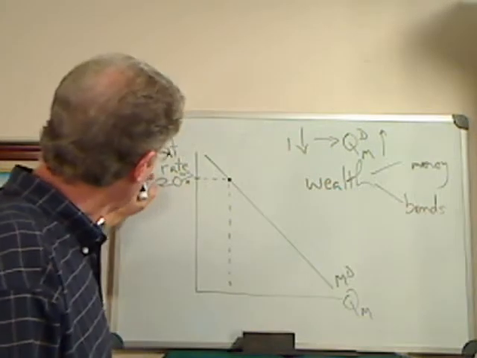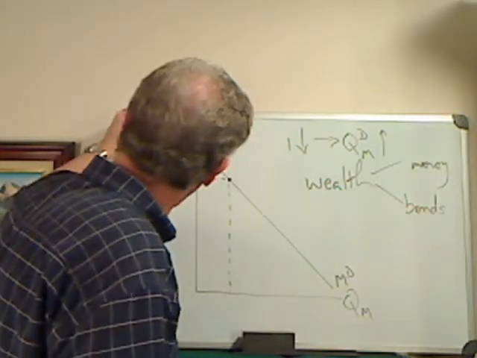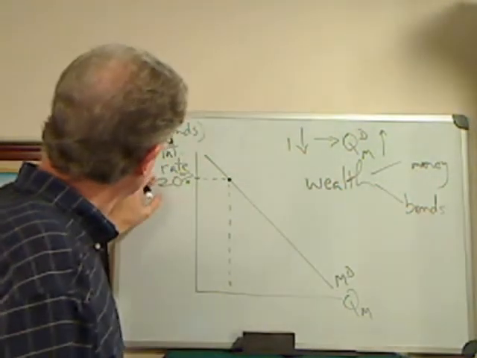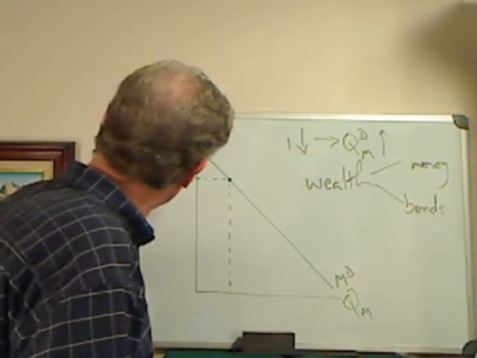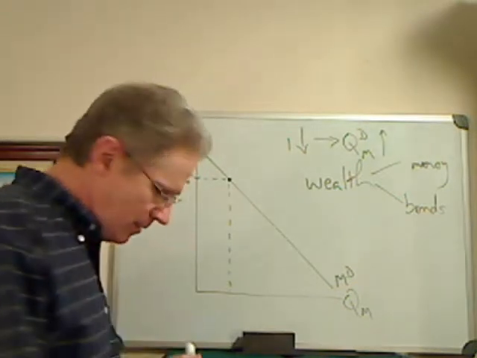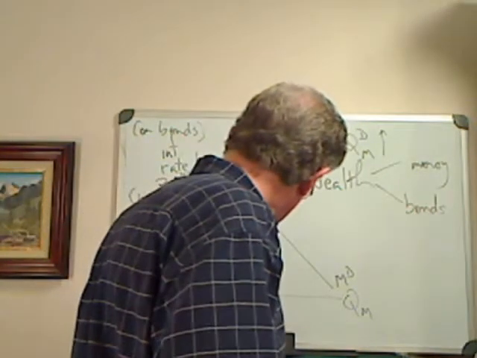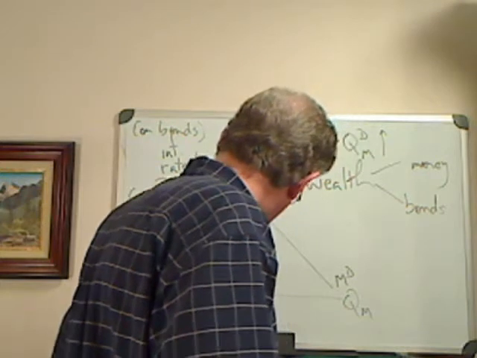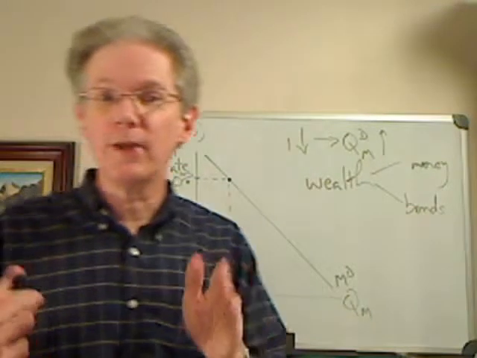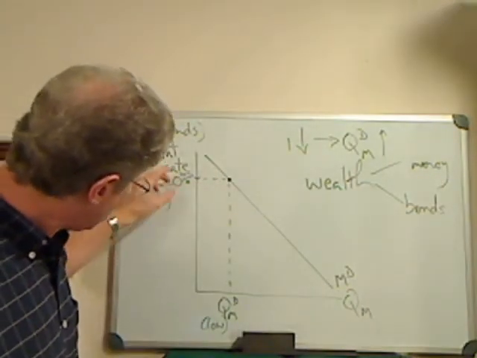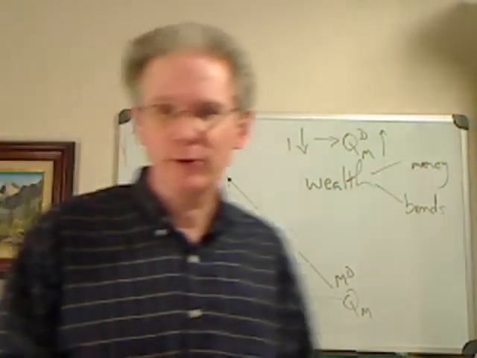So what we can say here is, if the interest rate on bonds is 20%, in other words, if it's high, then bonds look like a really good investment. You want to hold a lot of bonds. What can we say about the quantity of money demanded? It's going to be very low. People don't want to hold a lot of money if bonds will provide them with a high interest rate.